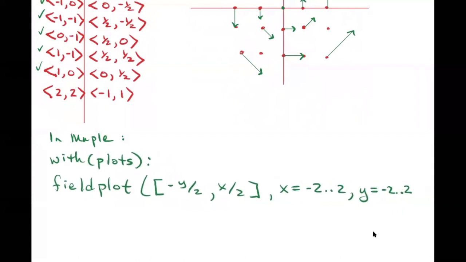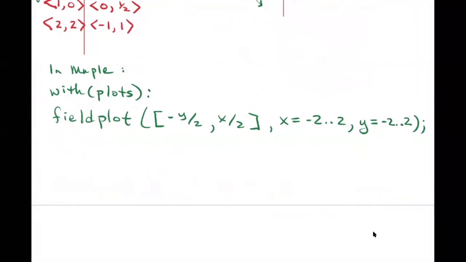So the command technically closes parenthesis, ends with a semicolon. That's a 2-dimensional field. You could type any field you like, but then the 3-dimensional field, we would do field plot 3D.